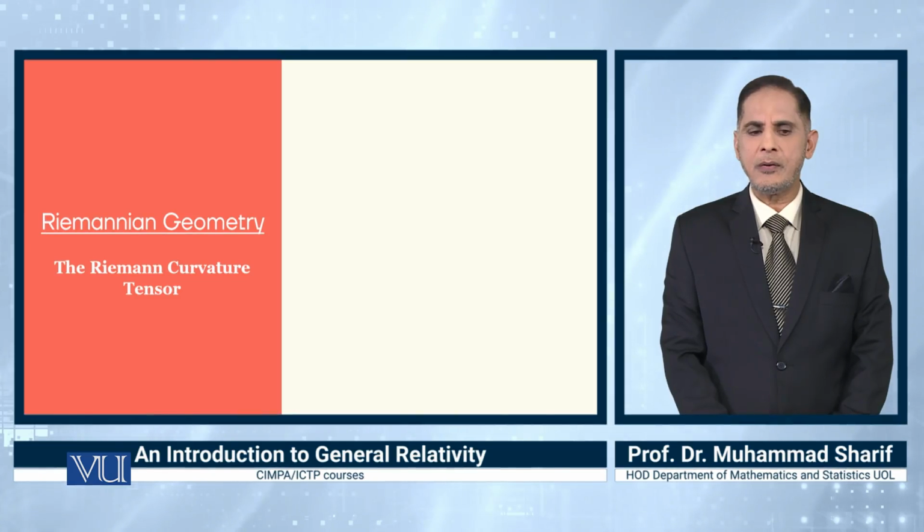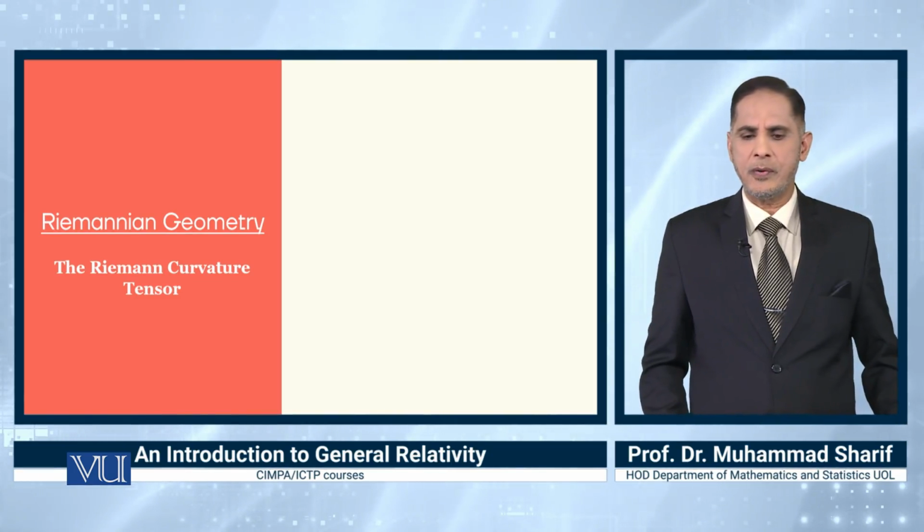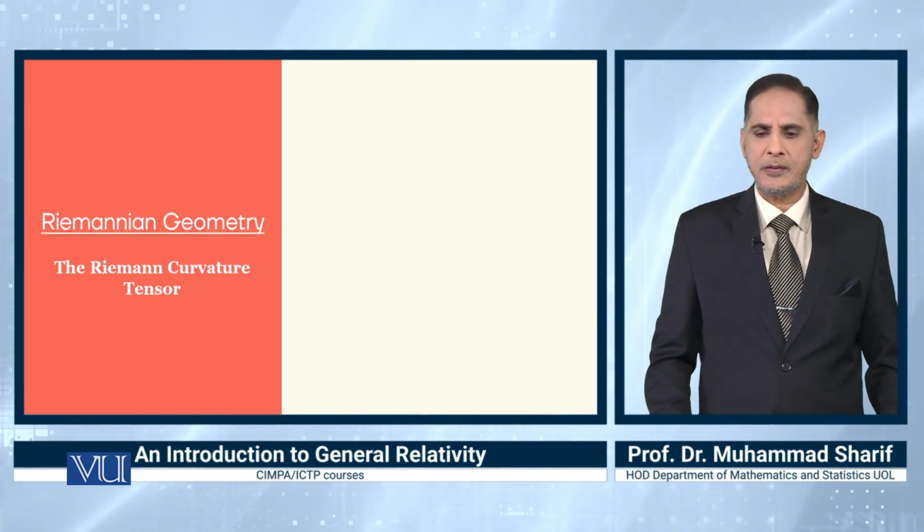Let's start today's lecture. But before starting the new things, I would like to revive some of the concepts we discussed yesterday. We discussed tensor analysis, different types of tensors like covariant tensor, contravariant tensor, mixed tensor, and then we learned about raising and lowering the indices, and then we discussed covariant derivative, Lie derivative, etc. So, if you have any question from the previous lecture, please you can ask.